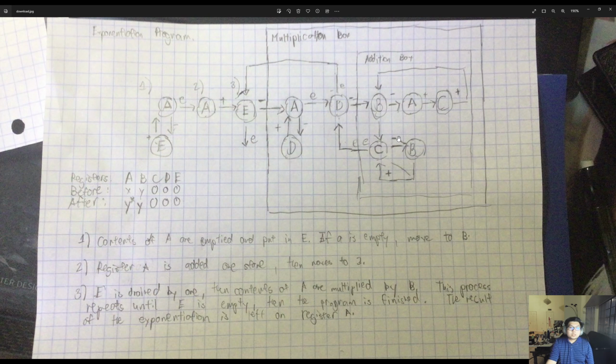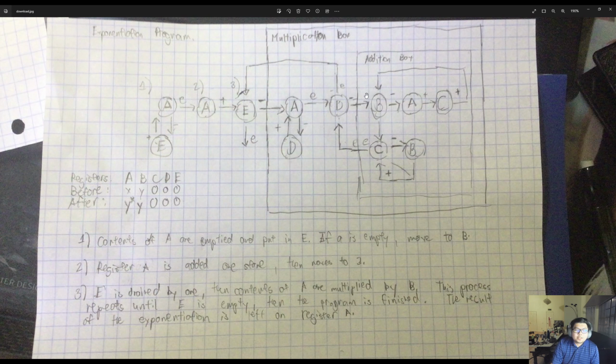The multiplication box multiplies the contents of registers A and B. For example, as of this point, before we just subtracted 1 stone from E, we currently have 1, y, 0 for C and D, and x for register E.